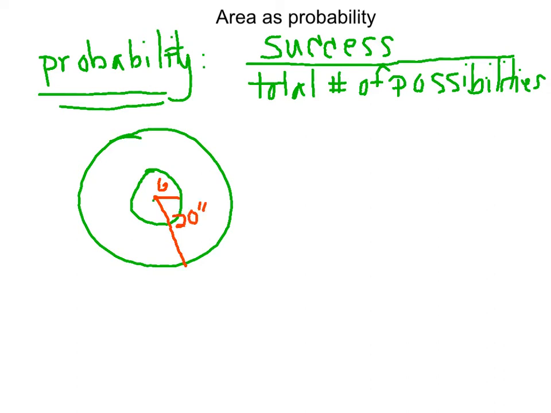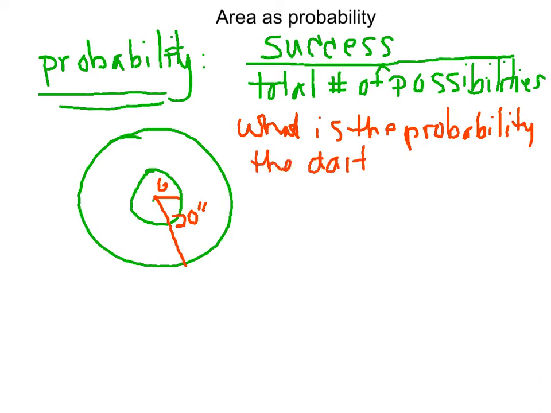So we could look at this as a dartboard. You have a game, you're going to shoot a dart. We're going to say that no matter how you shoot this dart, it's going to land at least in the bigger circle. Somewhere in the bigger circle it has to hit. What we want to know is, what is the probability that it will land in the smaller circle?